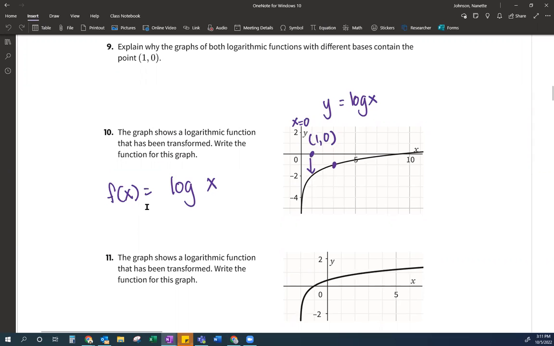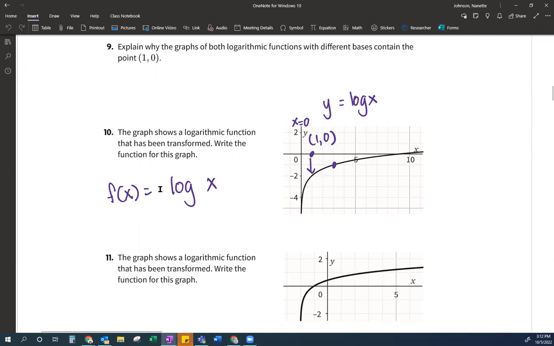Now, where does that show up in my function? Yes, it shows up in front, but as a what? How do you write it?